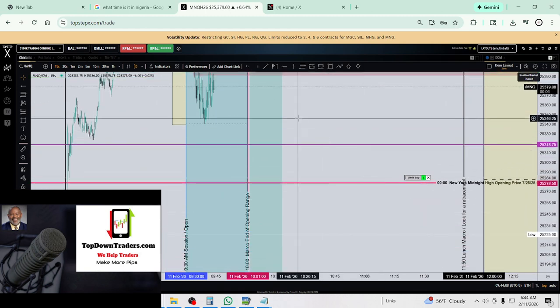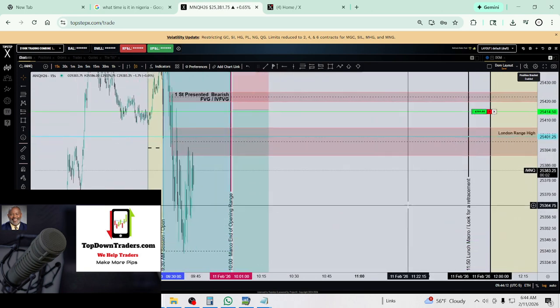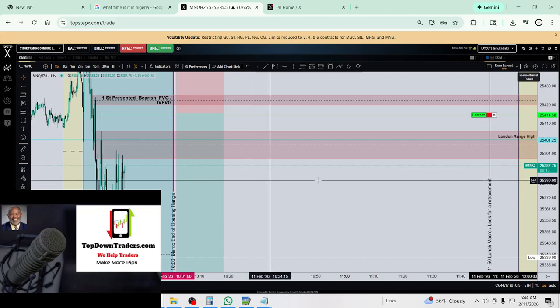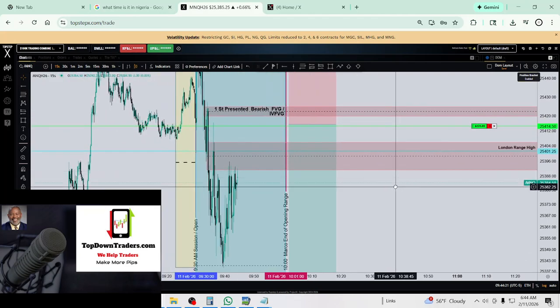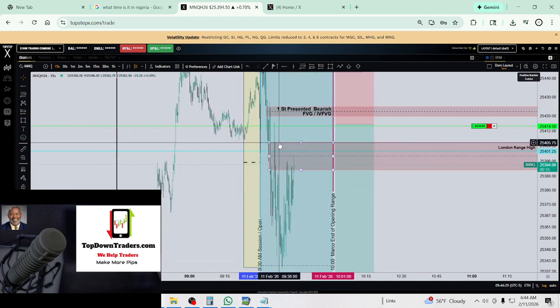Right now I'm thinking about protecting some assets. And what I mean by that is moving my stop to a profitable area. So we're testing the second presented fair value gap.